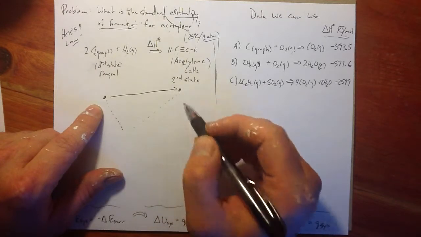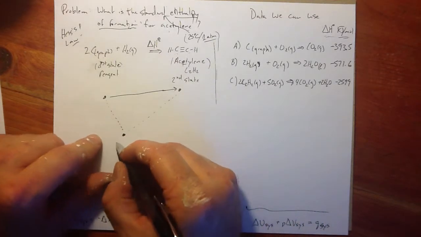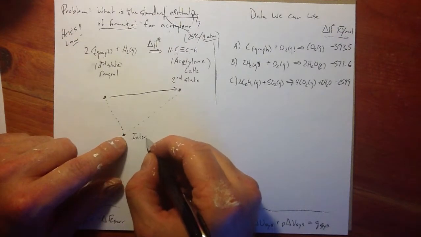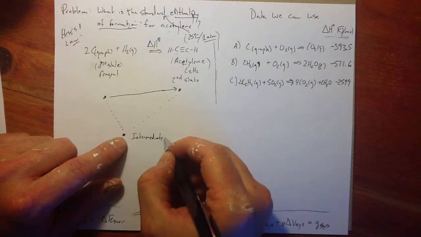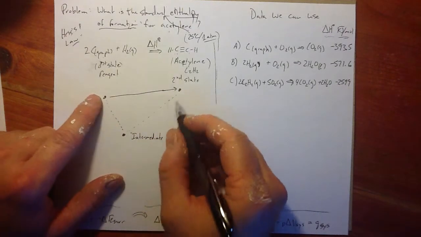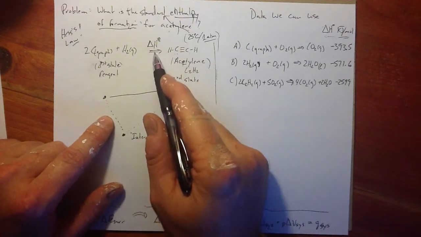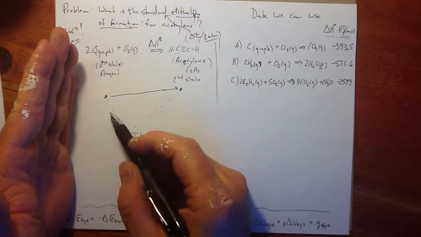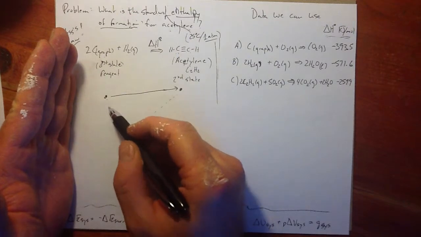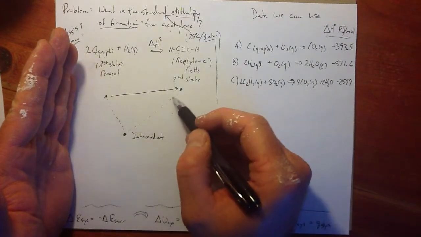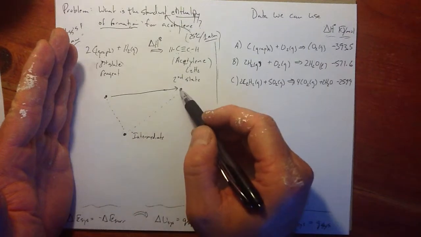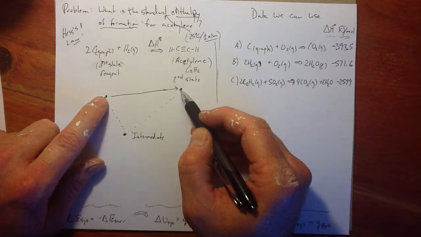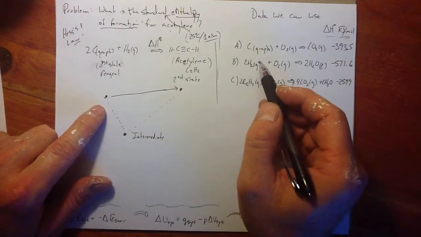I'm going to put arrows to this later, but let's call this the intermediate point, something we don't actually want, but we may use on the way. And these are state functions. Delta H is a state function, so I'm really talking about, on a map, H values. I may know the difference between the H values from here to here and the difference in H values from here to here, and I could use that, according to Hess's law, to find the difference in H values from here to here. So that's where these equations come in.